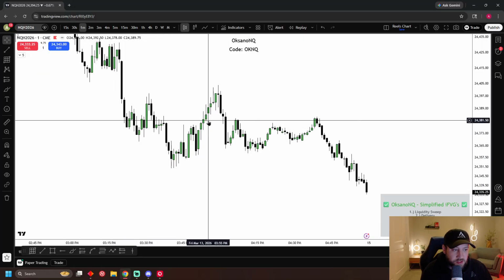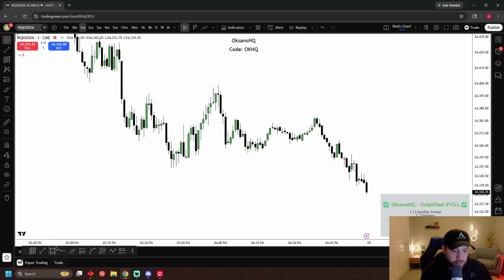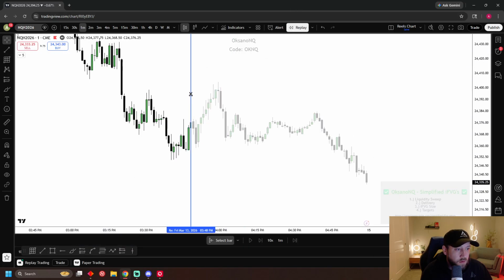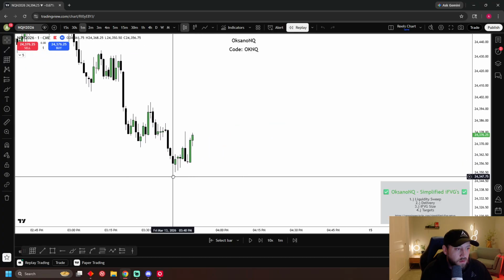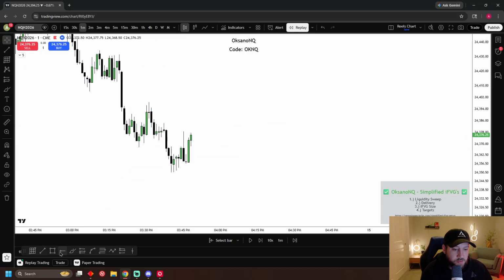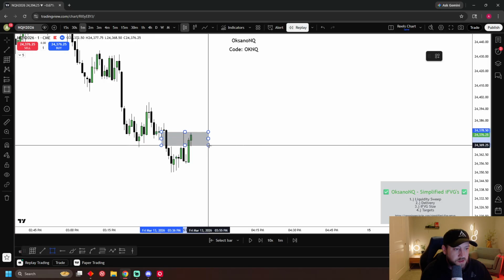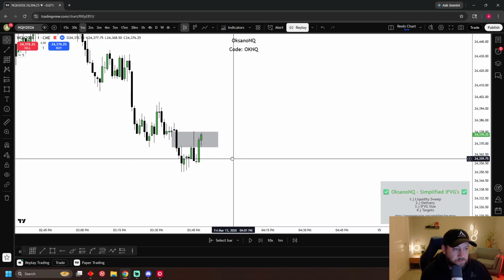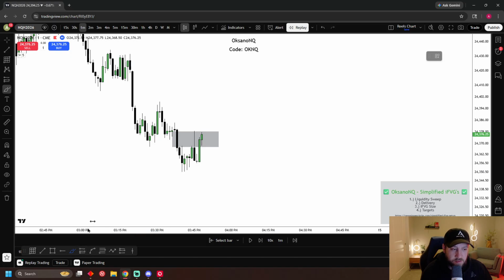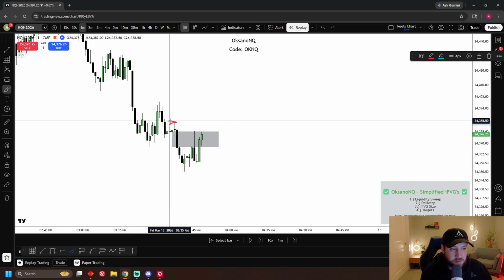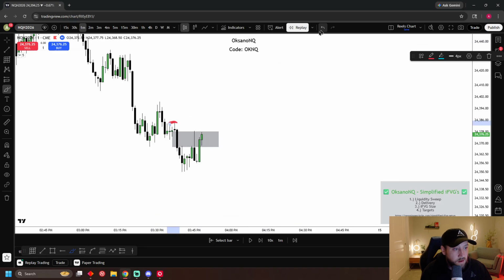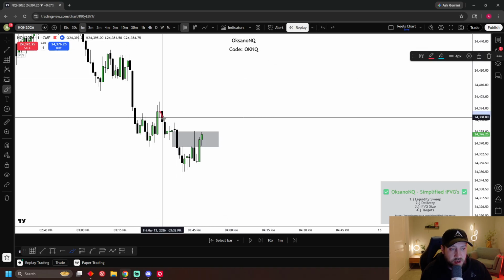So like, let's just say for an example, here. So let's just pretend that we got this inverse right here, right? What do I see when I look to the left? I see some wicks, right? But what's to the left of those wicks? Nothing, right? There's no gaps.